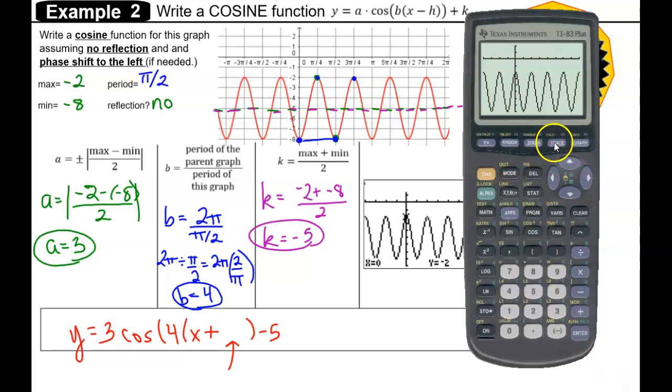Okay, and now when I go to trace and enter 0 for x, I see my y-intercept is at -2, but I need my y-intercept to be at -8.